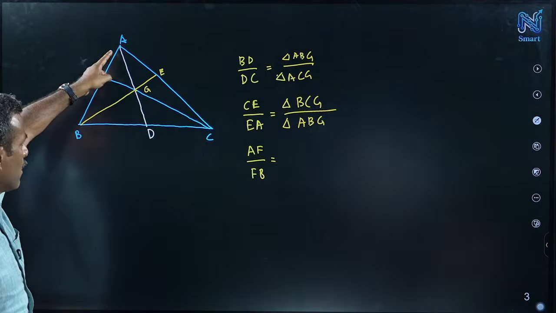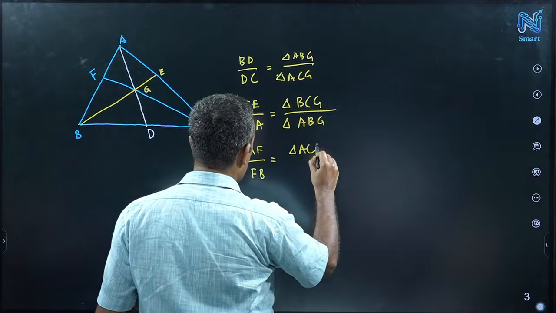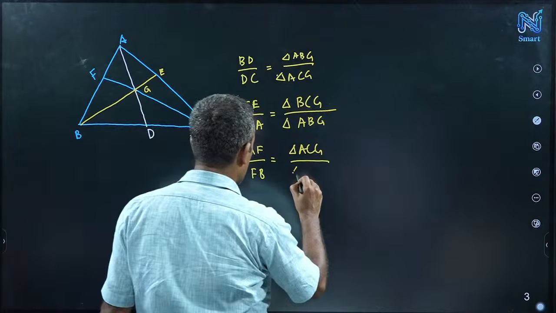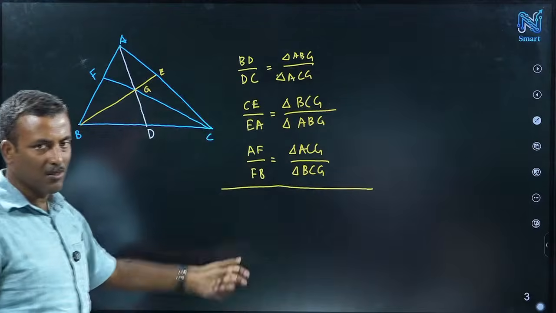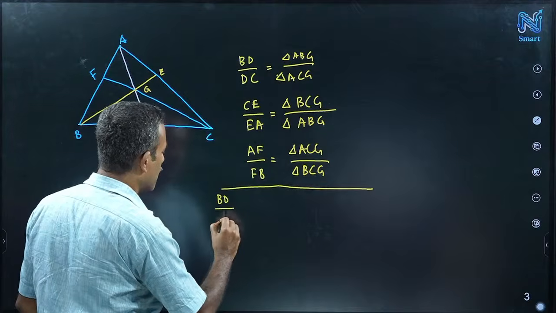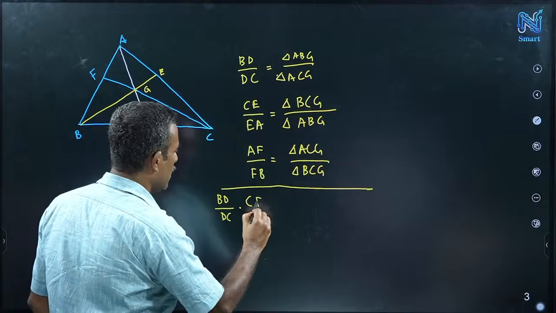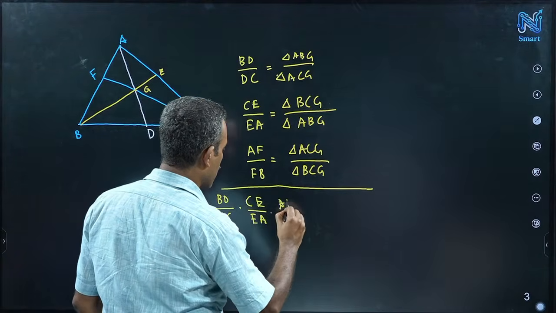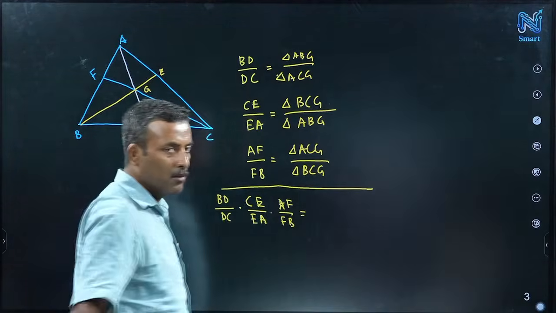So now it is area of ACG divided by area of BCG. Now if you multiply all these three things, what will you get? BD divided by DC into CE by EA into AF by FB is what?